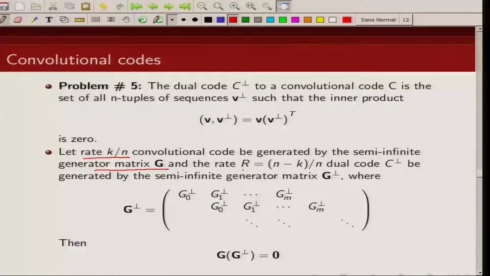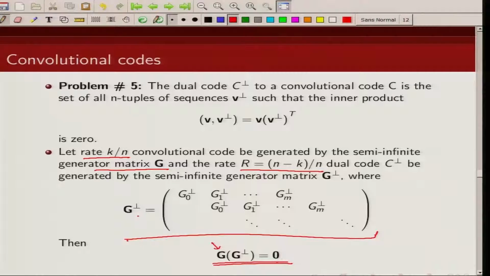And let us say the dual code has rate n minus k by n, and it is generated by this semi-infinite generator matrix. Then show that G times G dual transpose will be 0, where G is the generator matrix of the original code and G dual is the generator matrix of the dual code.